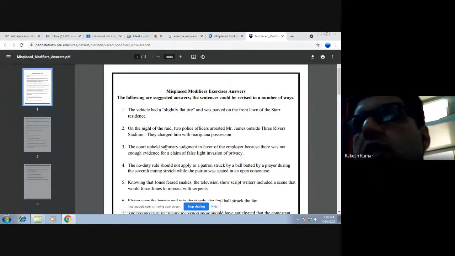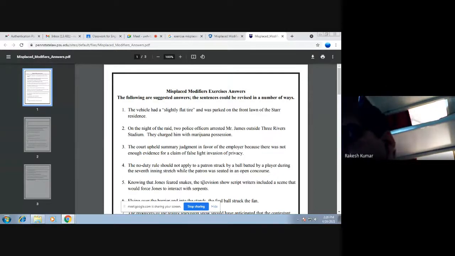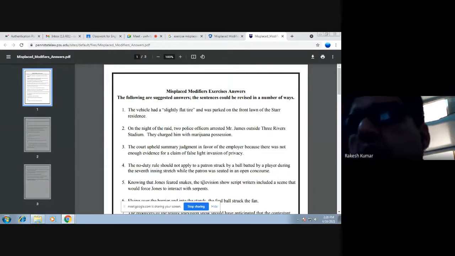The court has given a judgment in favor of the employer because there was not enough evidence for a claim of false light invasion of privacy.